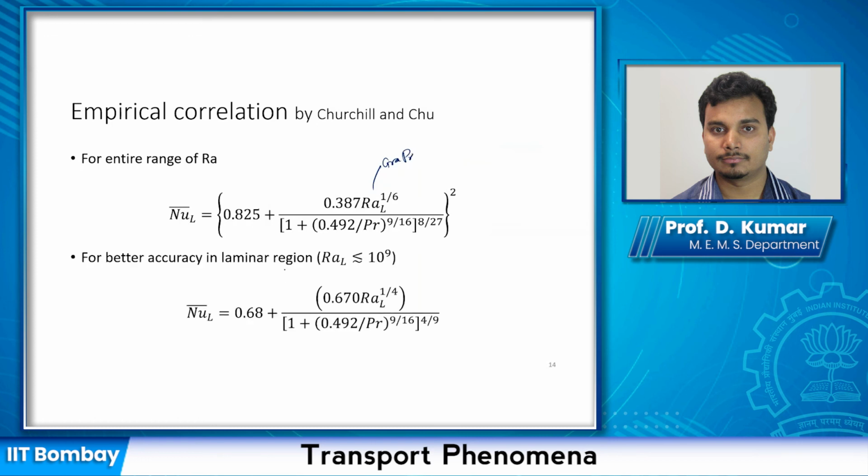Relatively better accuracy may be obtained if you are in the laminar region, with Rayleigh number less than 10⁹, where this correlation gives you better values.